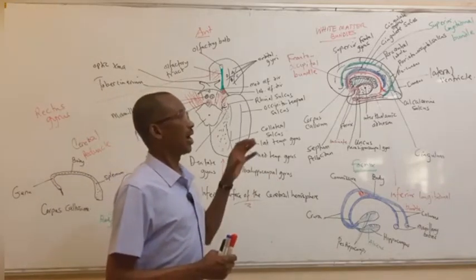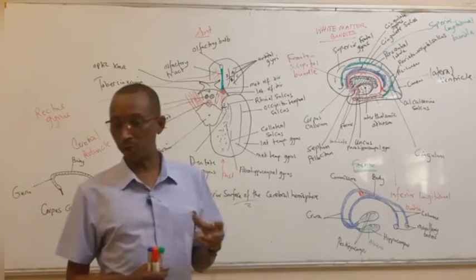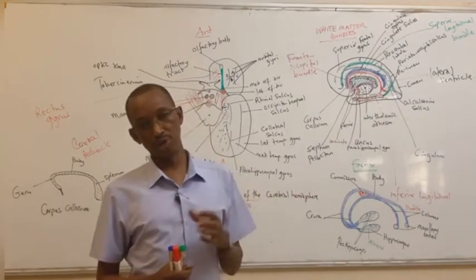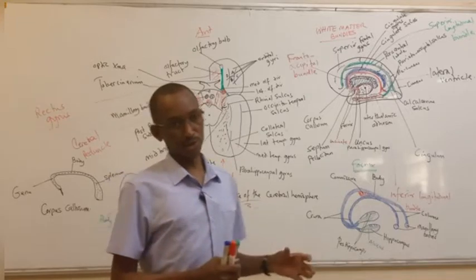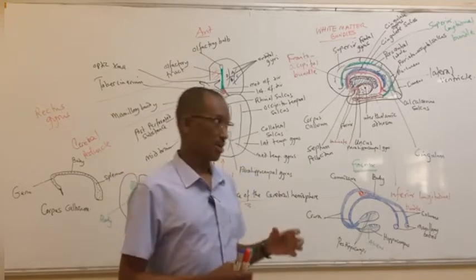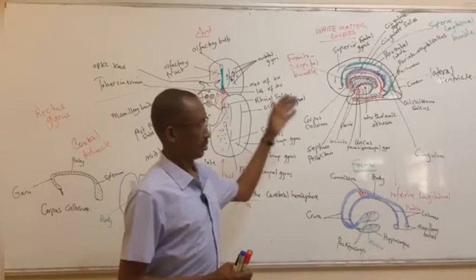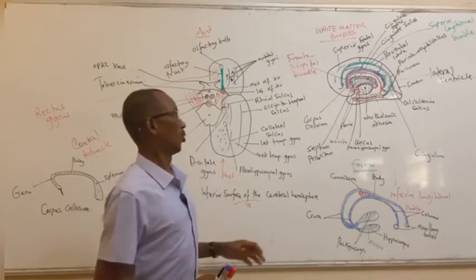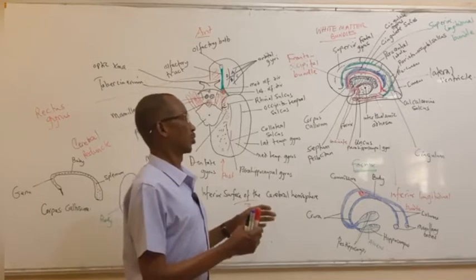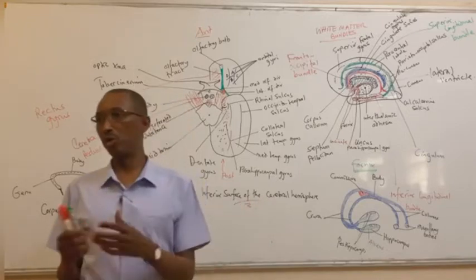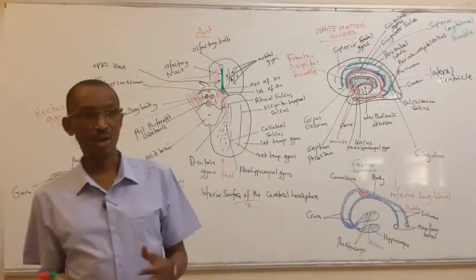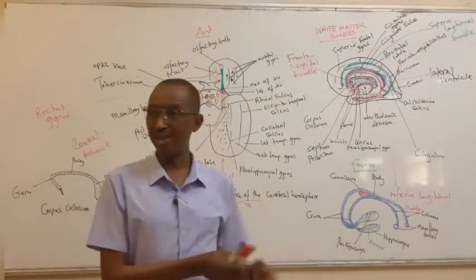So, from the introduction of the neuroanatomy, I think I told you that the basic components of nervous tissue in general is both gray and white matter. So, along the line, we also discussed what is the meaning of gray matter and what is the meaning of white matter, what is the meaning of nucleus and ganglia.